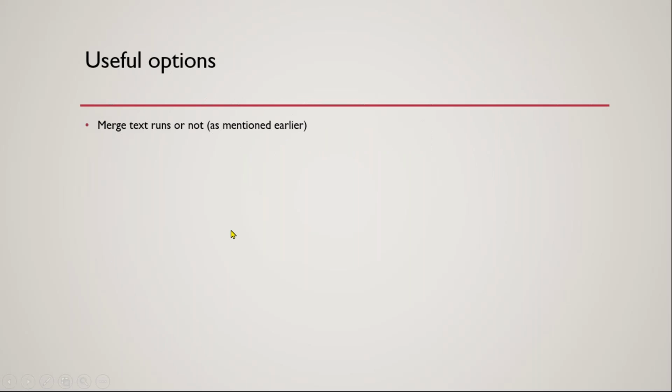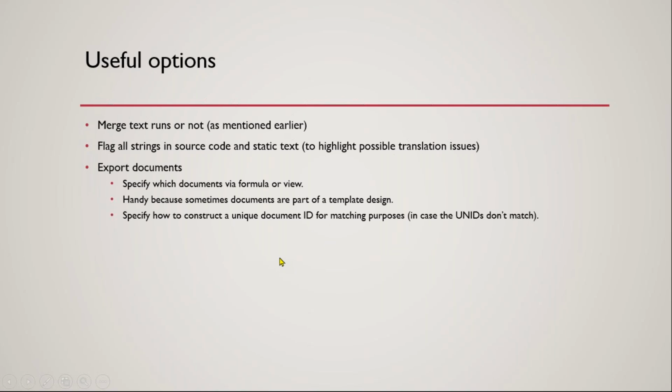But basically, some of the things that you can change here: you can merge text runs or not, as mentioned earlier. You can set it to flag all strings with a special highlight, because this is useful when you're looking at translations. You can export documents instead of just design elements, and you can specify which documents.